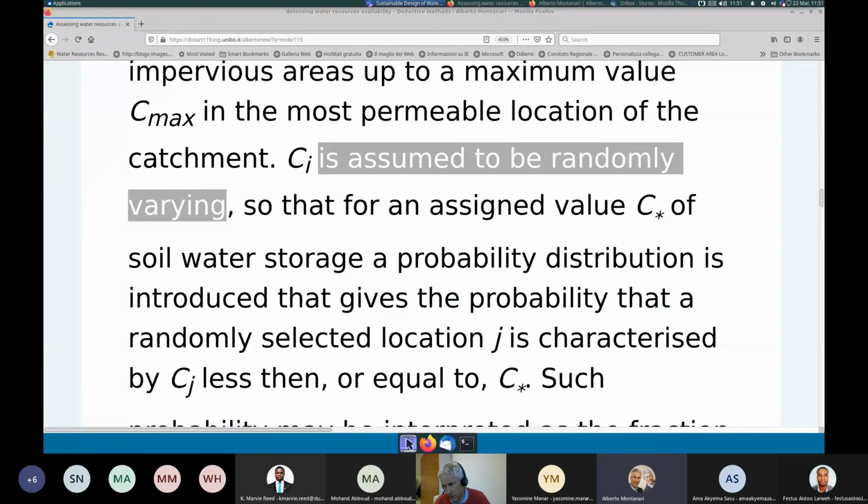Okay? It would be storage per unit area. And then I want to know that I have another 5% chance in the catchment to get a storage from 10 to 15, say. I want to know this probability distribution. Probability distribution of water storage over the catchment. This is the assumption.